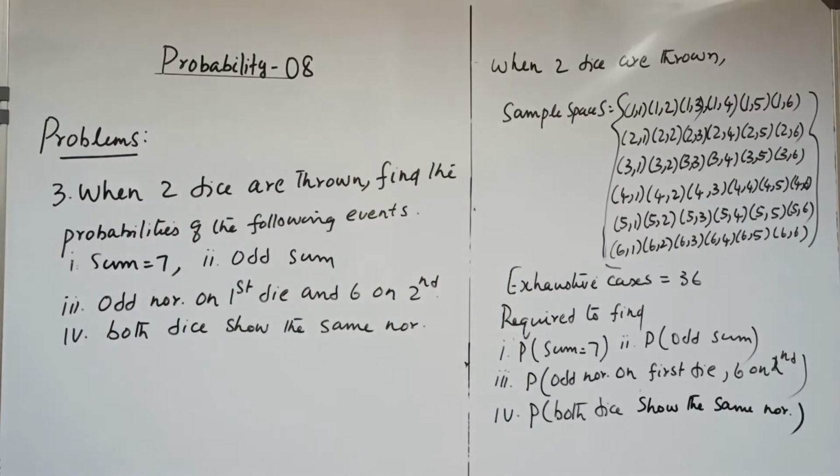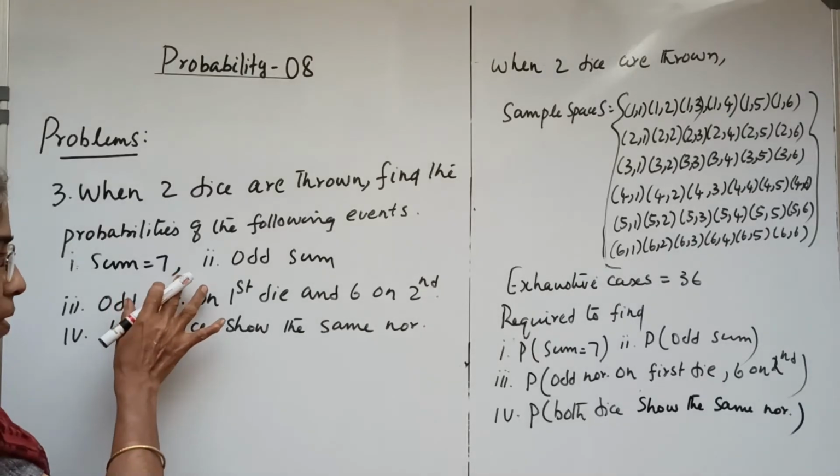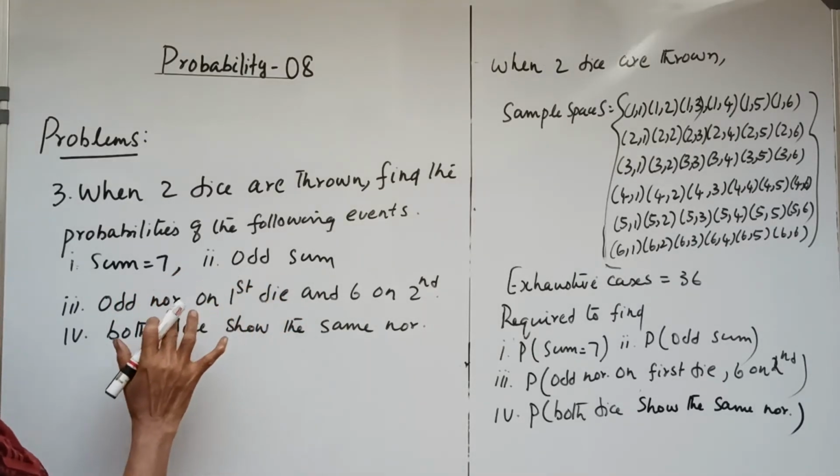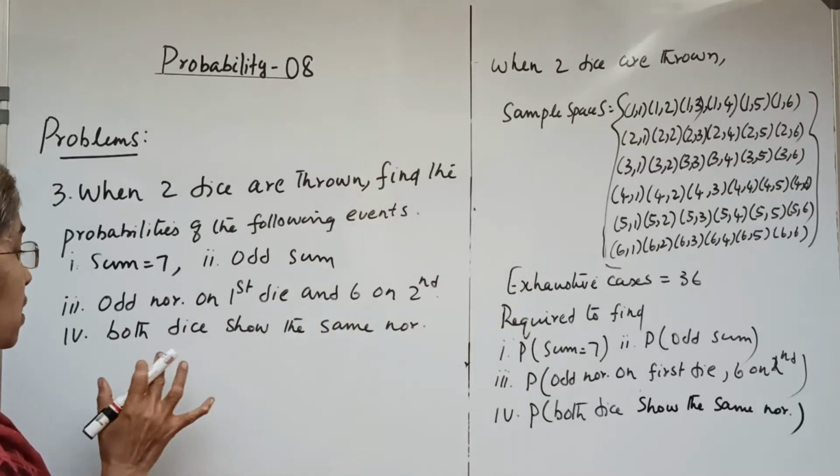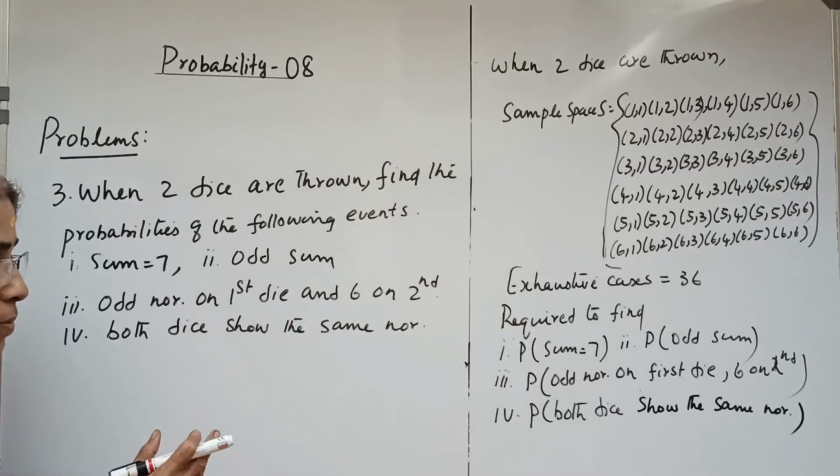Now we consider the next question. When two dice are thrown, find the probabilities of the following events: sum equal to 7, odd sum, odd number on the first die, 6 on the second, both dice show the same number.